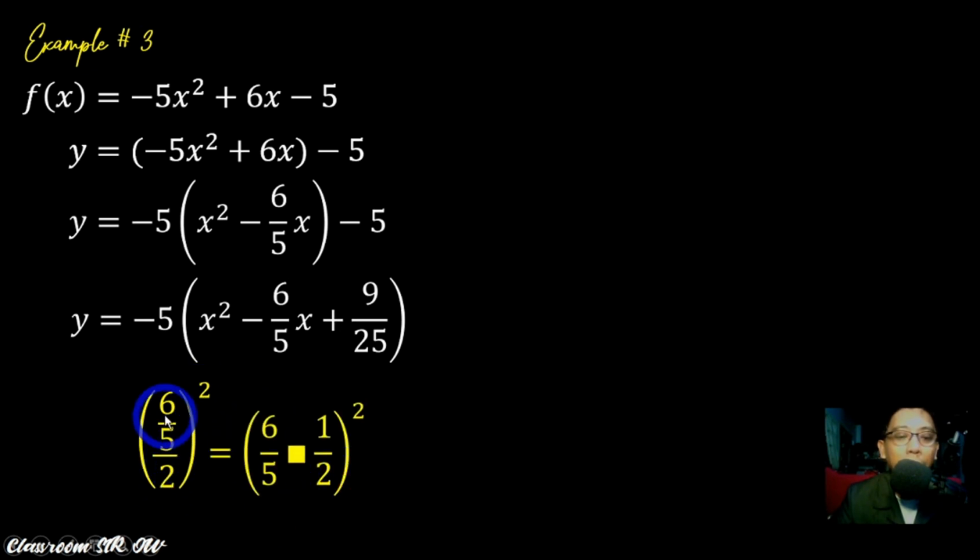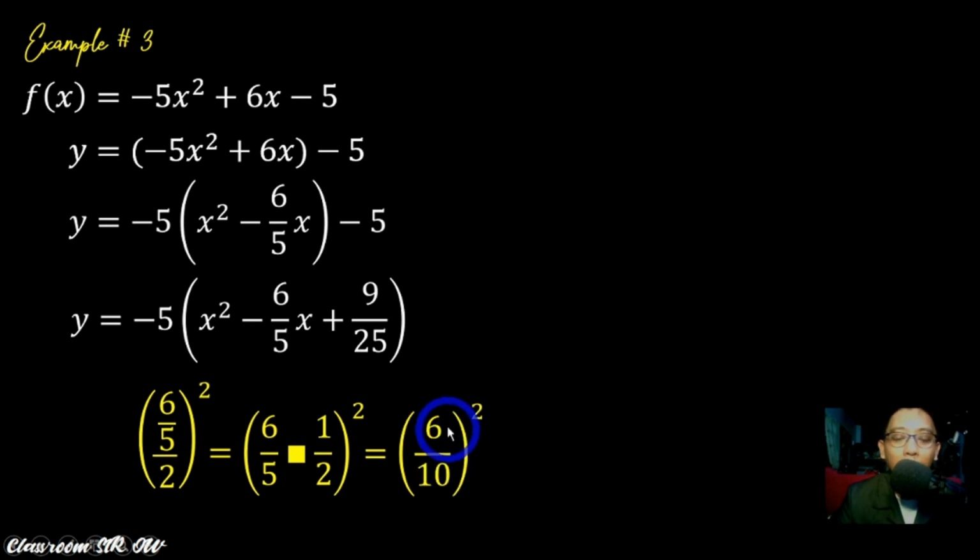And of course, we cannot divide 6 over 5 by 2, so we just get the reciprocal of the denominator, which is 1/2, and change the operation to multiplication. So 6 over 5 times 1/2 raised to the power of 2. 6 times 1 is 6, and 5 times 2 is 10. So 6 over 10 raised to the power of 2.